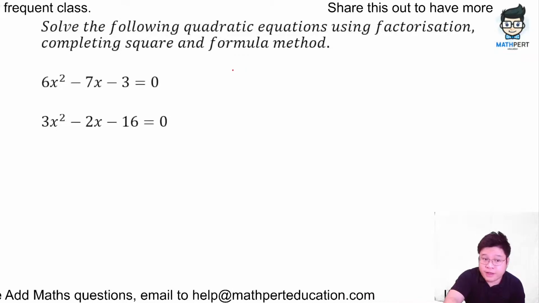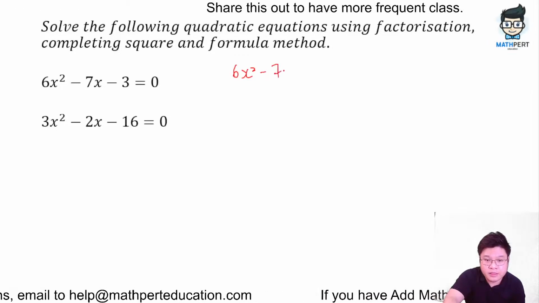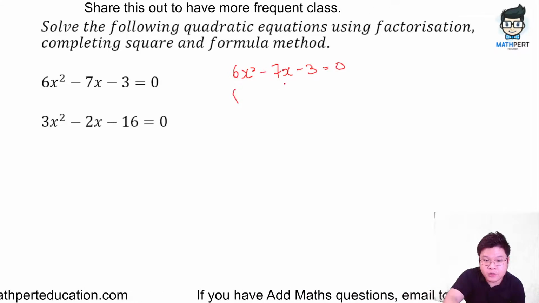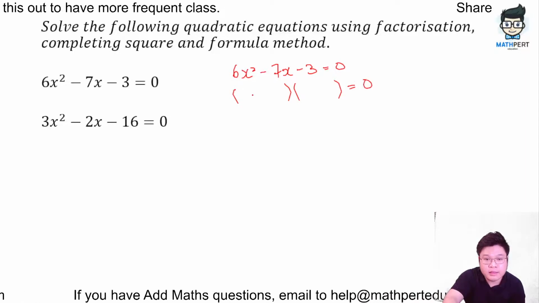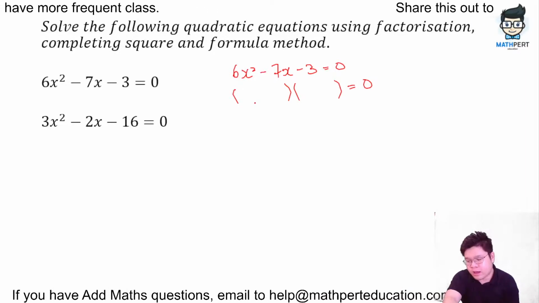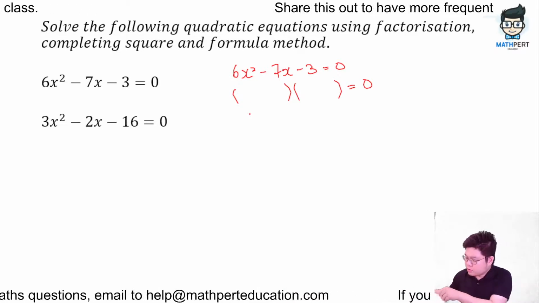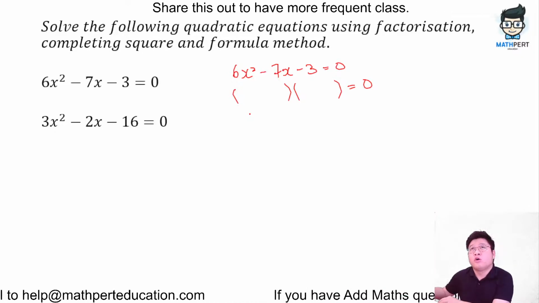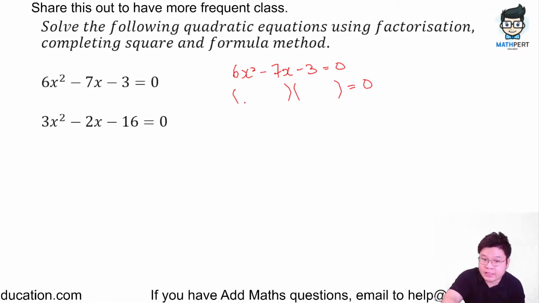We are using factorization: 6x squared minus 7x minus 3 equals 0. For factorization, you put in 2 brackets. For 6x squared, I can use 2x multiply 3x, or x multiply 6x.